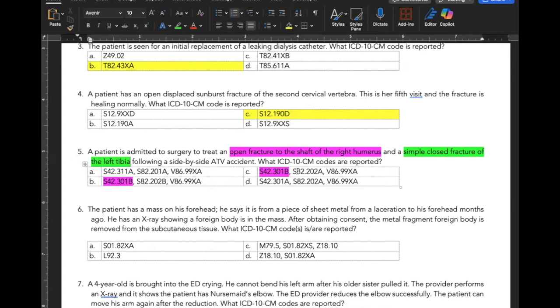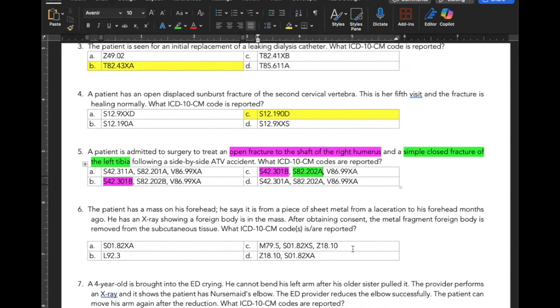A. Yep. So we have to go all the way back to our S82 category, and you've got like 15 or 16 there. Some are for initial, for open versus closed versus the different type, all of that.